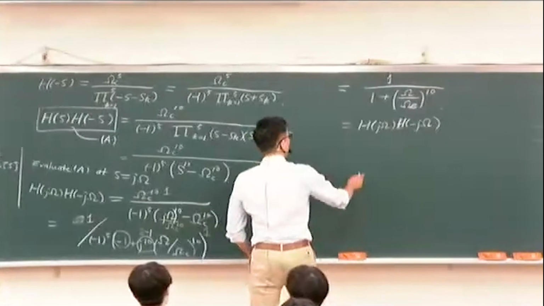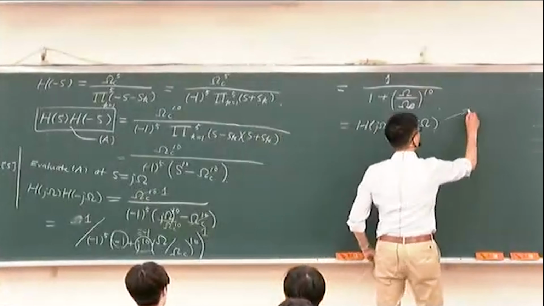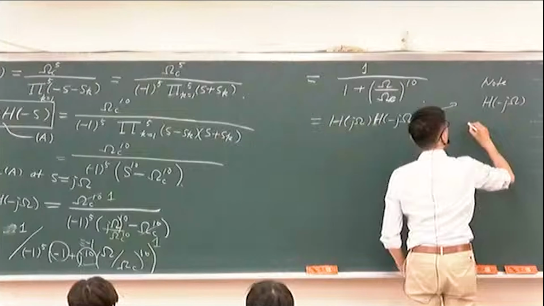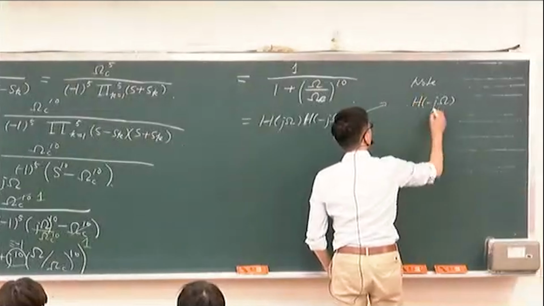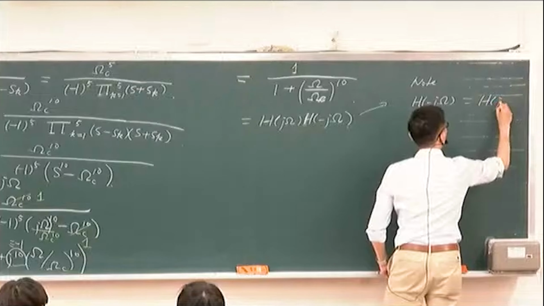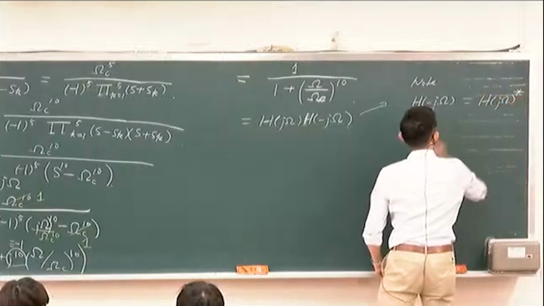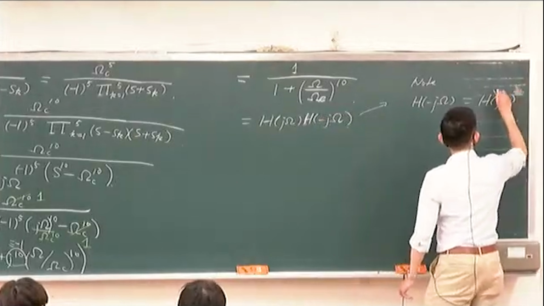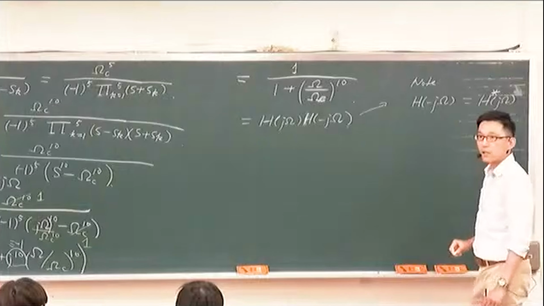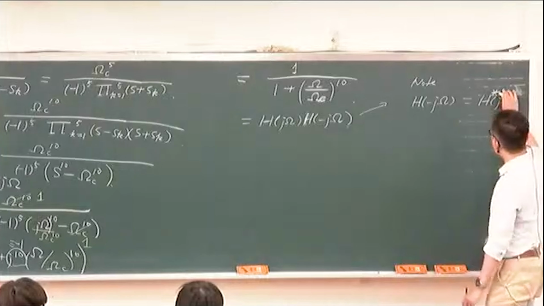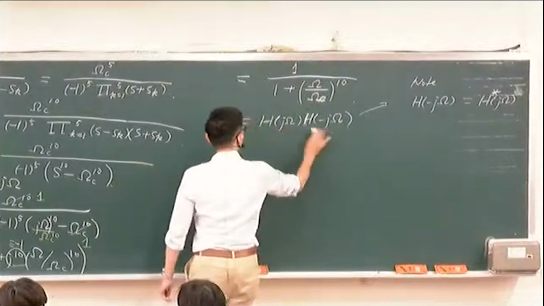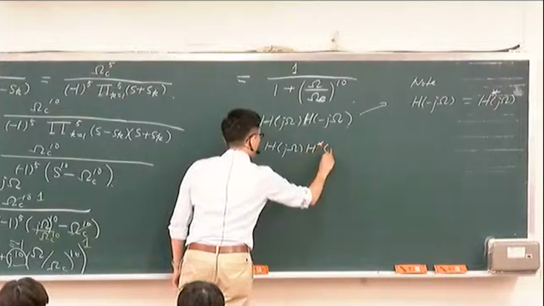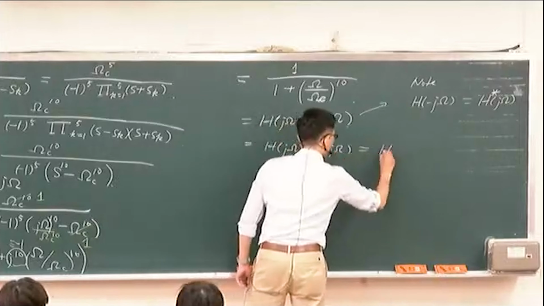So therefore, note that in general, H evaluated at minus j omega is going to be equal to H evaluated at plus j omega, conjugated. Now, we have this property right here. Maybe I should put a conjugate sign right here. Conjugate. So therefore, when we multiply the two of them, they are actually H(j omega) times H(j omega) conjugate, and that's actually the magnitude square for sure.